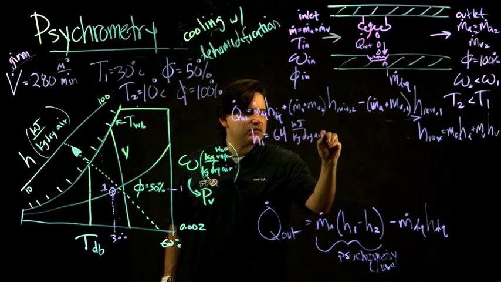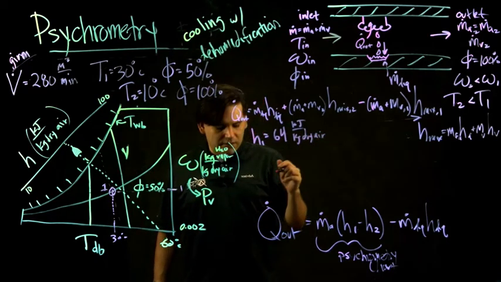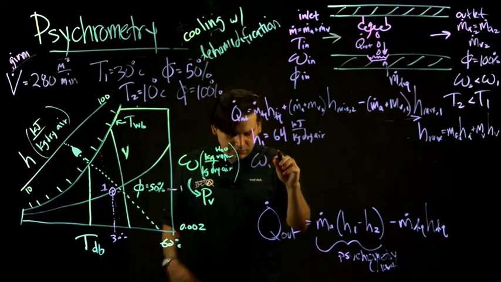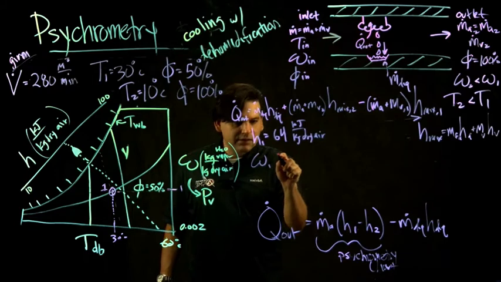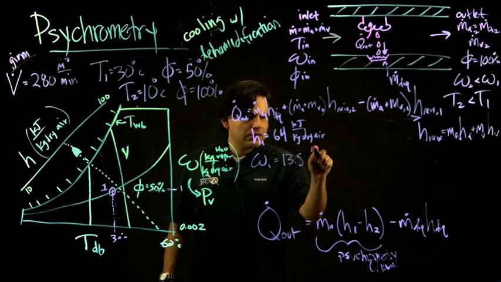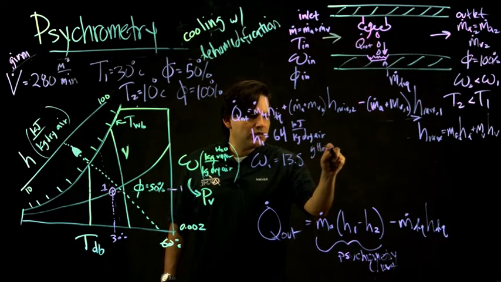Remember that we're using this chart. Another thing is the omega from this chart, following to this right axis. So this is gram of H2O per kilogram of dry air.